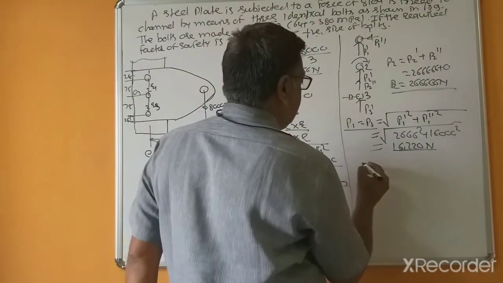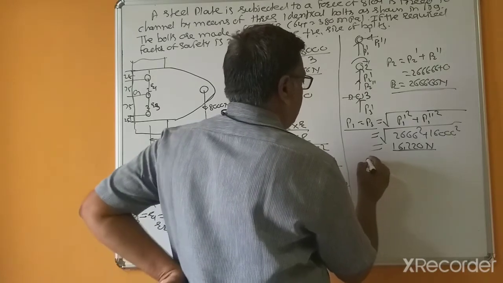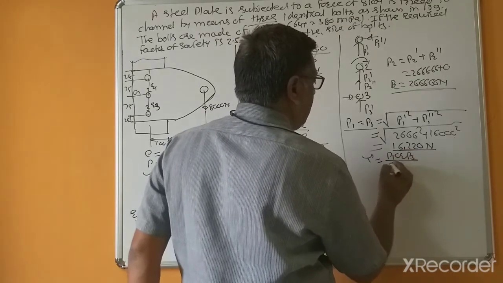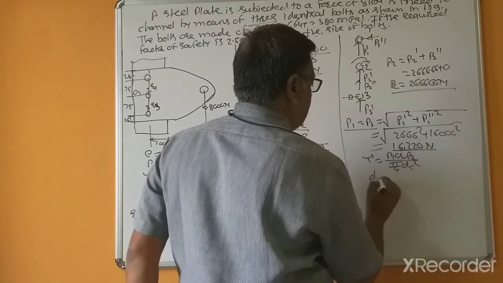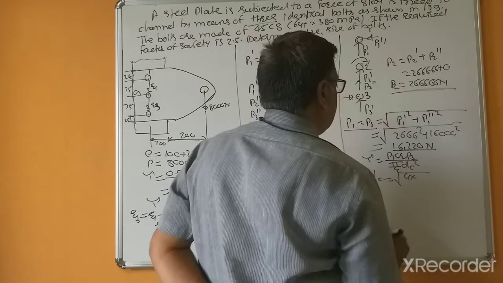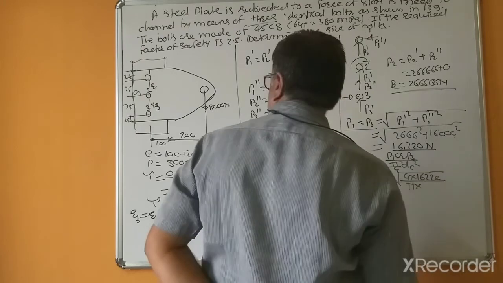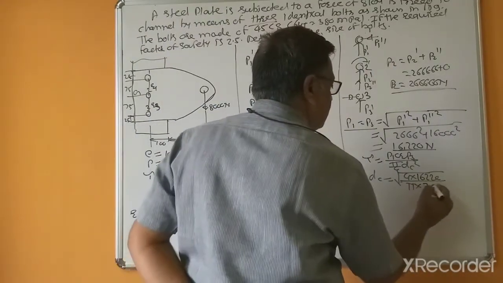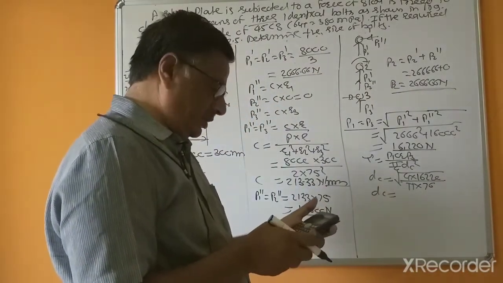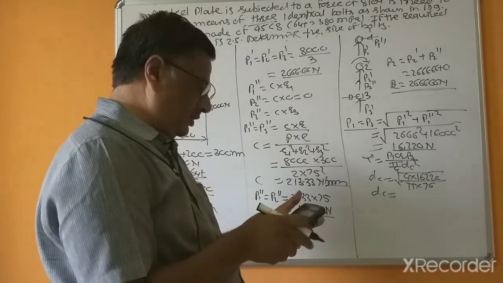So the formula tau equals P1 or P3 divided by pi by 4 dc square, or dc equals under root 4 into P divided by pi into tau, where tau is 76. dc equals under root of 4 multiplied by 16,220 divided by pi and divided by 76.